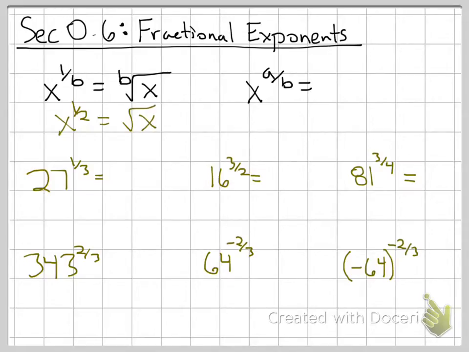Now, we don't typically just go with looking at the roots here. We'll add a little bit more to it. So I have x to the a over b off to the right. And what that's going to become is the b root of x, and then a is still the exponent, or the b root of x to the a.